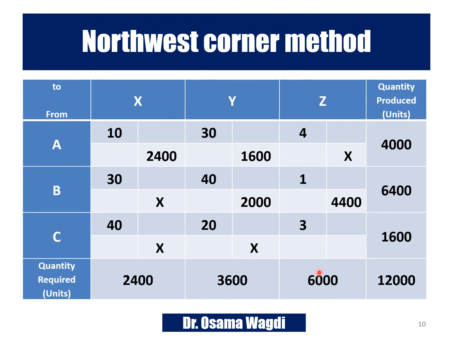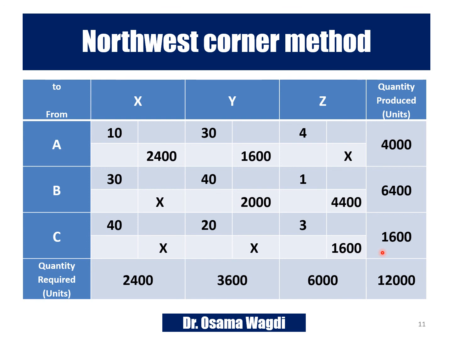So the last cell in this table to be solved is CZ. There is only one number left, 1600 instead of 6000, and 1600, so there is no comparison.